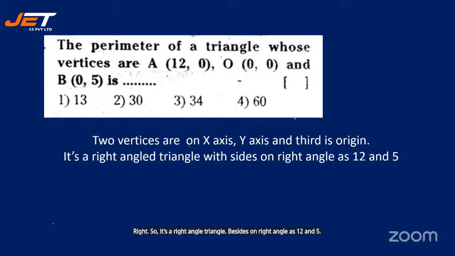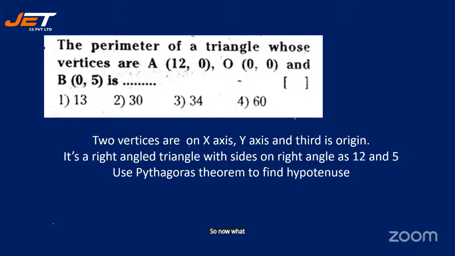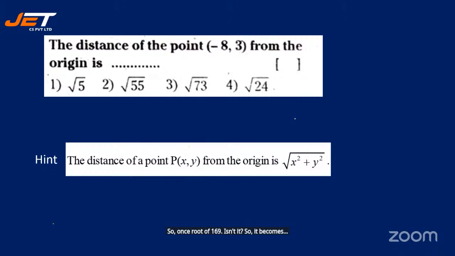So now what happens? Use Pythagoras theorem. 12 square plus 5 square. So 144 plus 25. So 144, 154, 164. So root of 169, isn't it? So it becomes 13. Yes, correct.